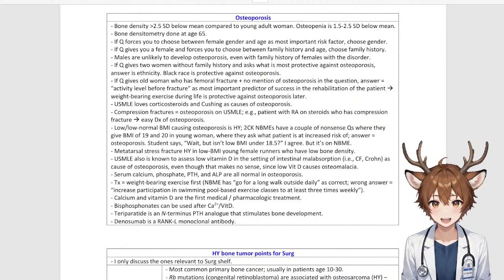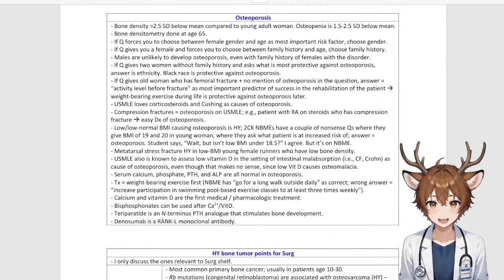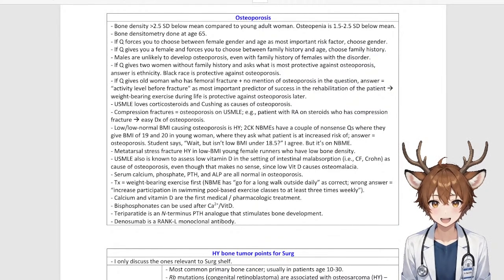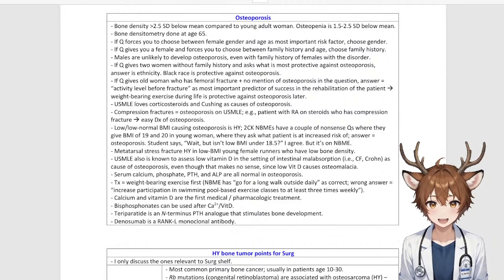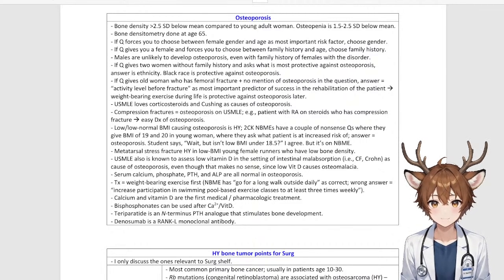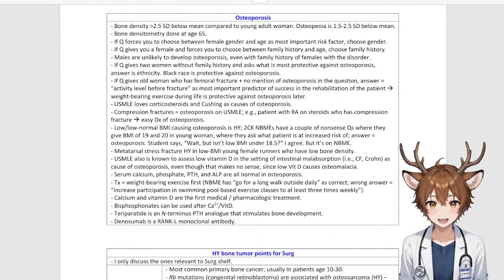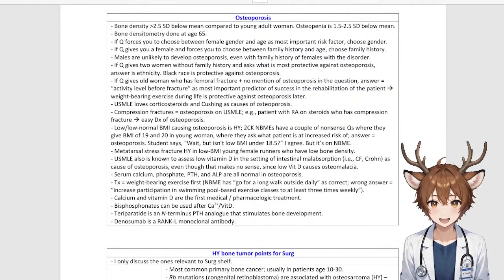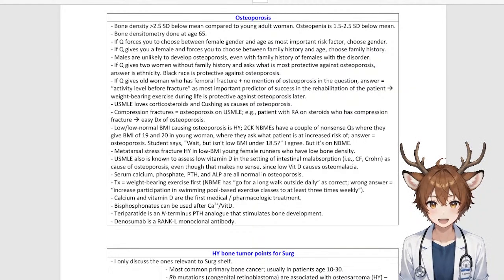Calcium and vitamin D are the first medical pharmacologic treatment. Bisphosphonates can be used after calcium and vitamin D. Teriparatide is an N-terminus PTH analog that stimulates bone development. Denosumab is a RANK-L monoclonal antibody, which I believe is used to prevent the activation of osteoclasts.